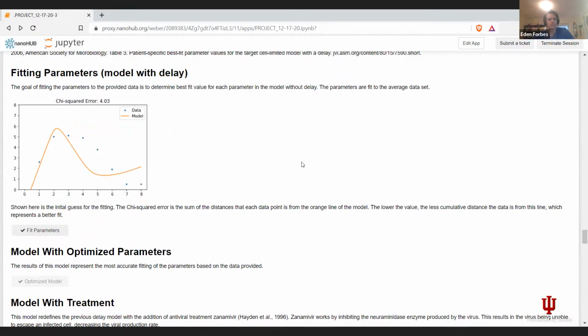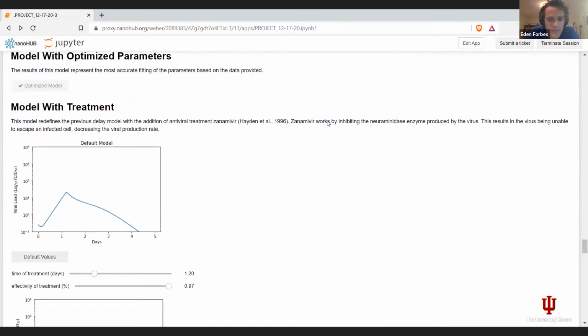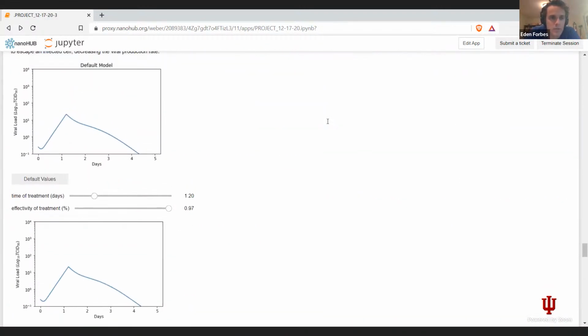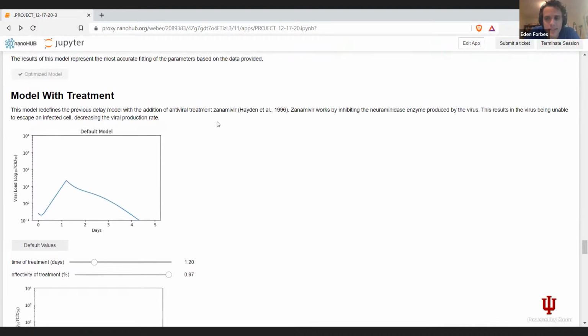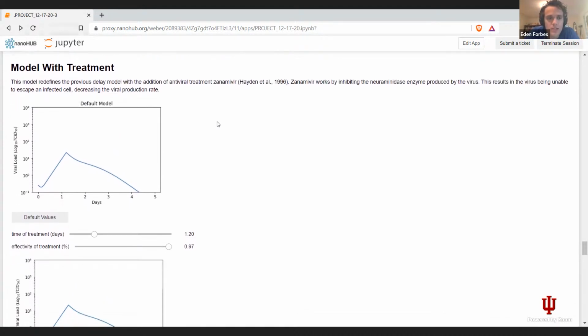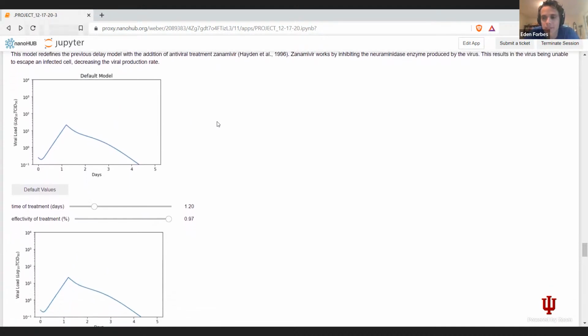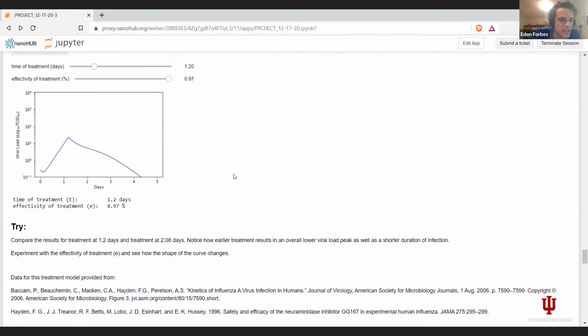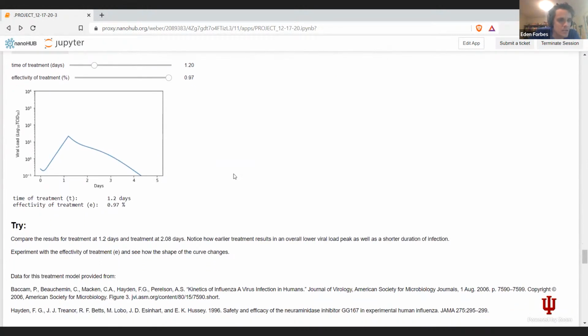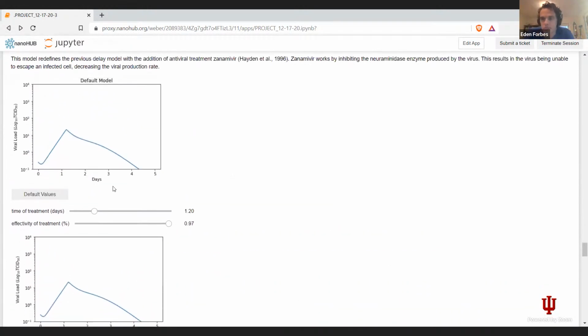And so the next thing they did in this case is they looked at the delay model with an antiviral treatment, and they have the reference for where they're deriving that idea from, but they really don't say a lot about it. It's kind of completely black box. There's no equations or anything here. It's just sort of showing, I'm pretty sure, the viral load, which is that original patient data, and then what happens if they take an antiviral.